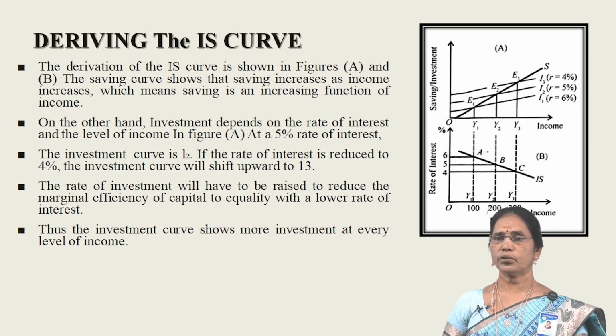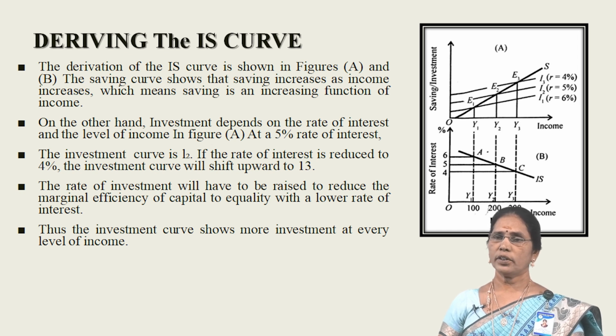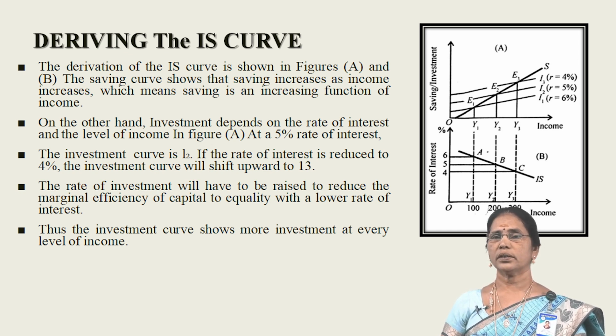The saving curve shows that savings increase as income increases, which means saving is an increasing function of income. On the other hand, investment depends on the rate of interest and the level of income. In figure A, at a 5% rate of interest, the investment curve is I2.